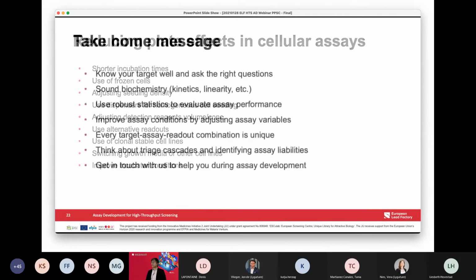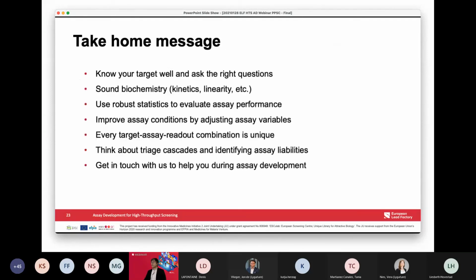So as a take-home message, I really recommend you to know your targets well and acquire all the information available in the literature on your target, and ask the right questions when it comes to picking the right assay and the right conditions.